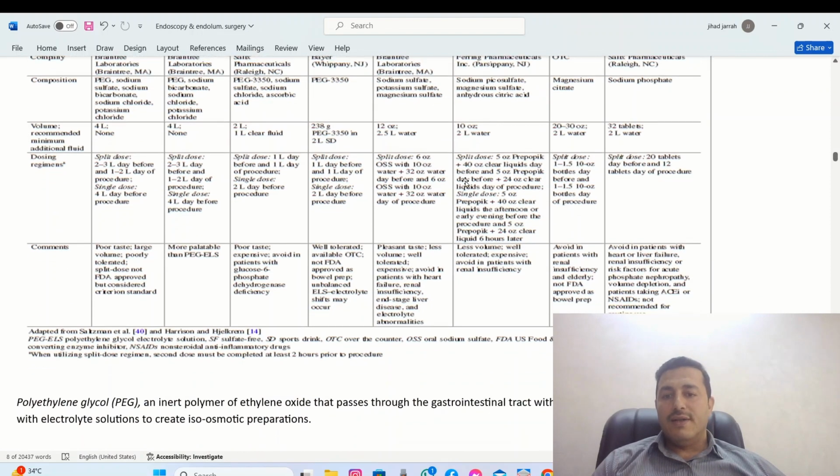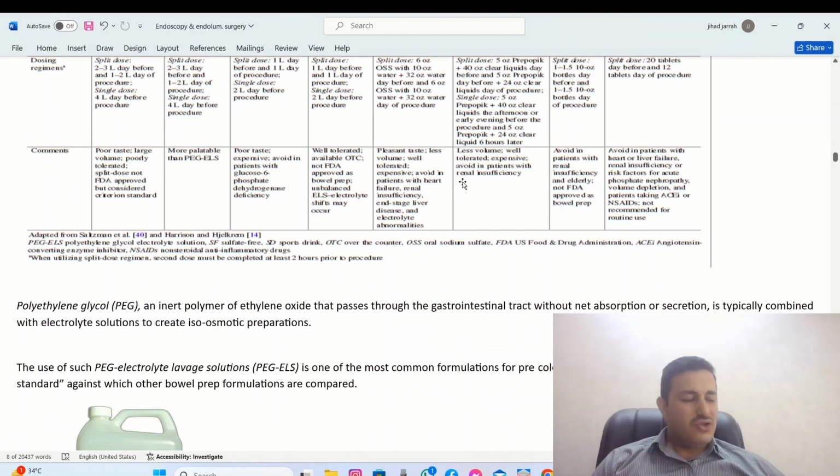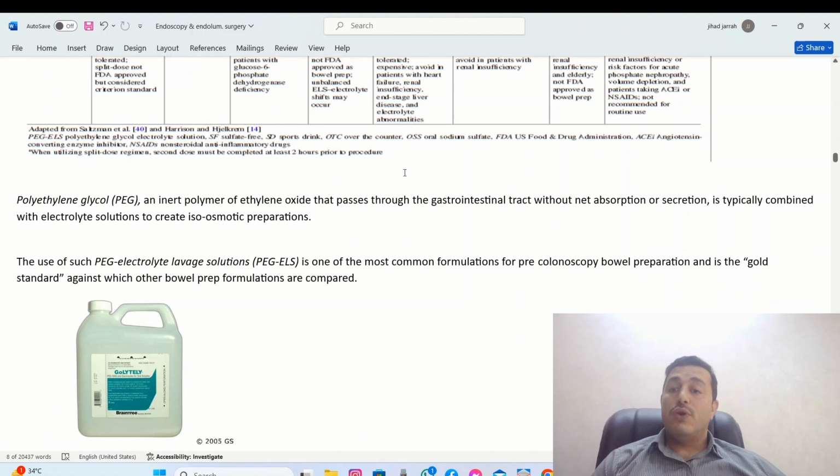So there are many. But just to rapidly review these agents, one of the most important is the polyethylene glycol. The polyethylene glycol is not secreted nor absorbed, so it will all be evacuated. And what else can we add about polyethylene glycol?